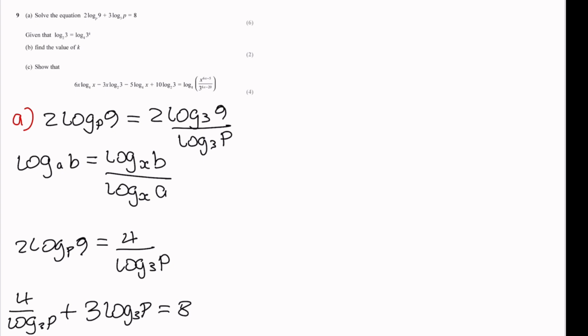So what I can do here is multiply through by log to the base 3 of p, which will give me 4 plus 3 times log to the base 3 of p all squared equals 8 log to the base 3 of p.